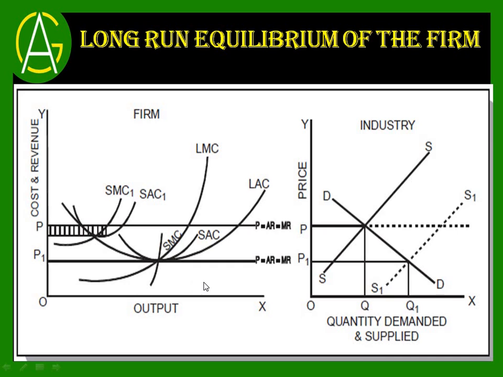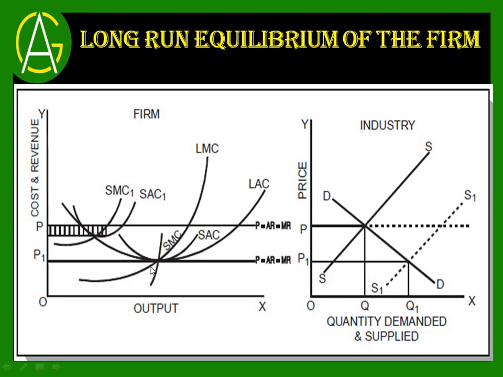Now the second step is to find out profit and loss. In order to find out profit and loss, we require average revenue and average cost. Here this is the long run average revenue curve of the firm and this is the long run average cost of the firm. We can compare them at the equilibrium point.